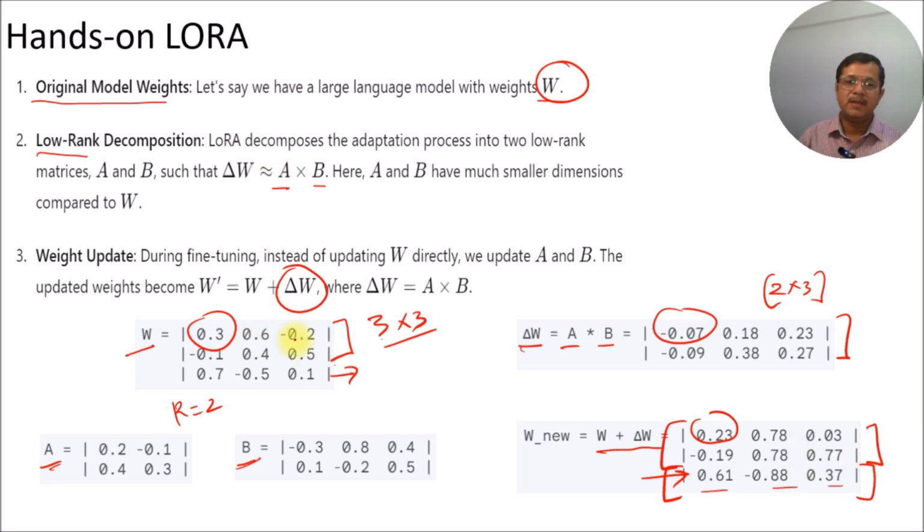So here we have a 3 by 3 matrix. Suppose we take a similar 3 by 3 matrix and then try to update it. Then we will require a lot of computational resources. But here, even in just 3 by 3 and these smaller matrices, we are not directly computing anything for the last row.